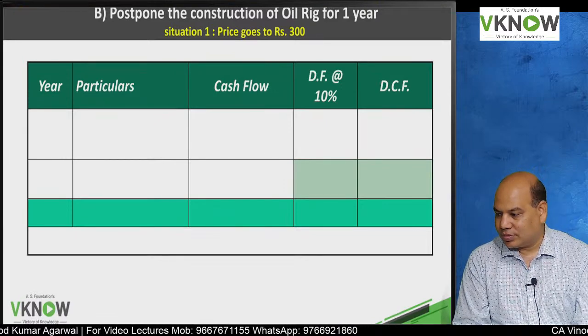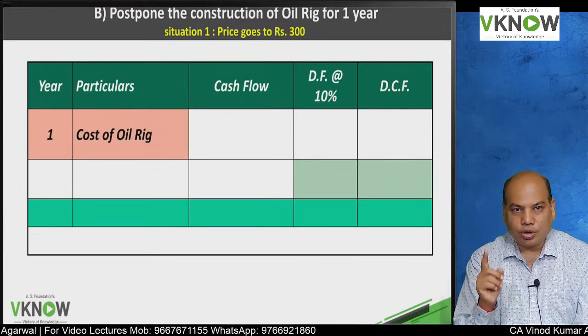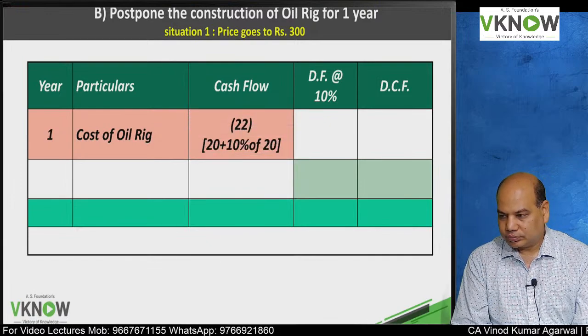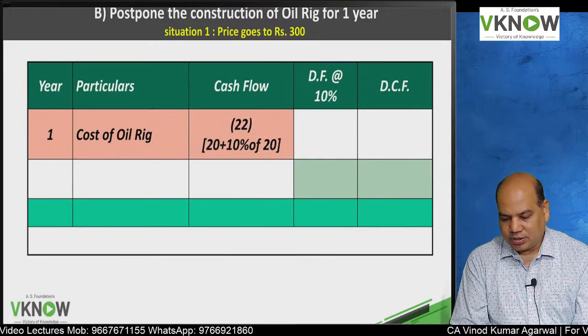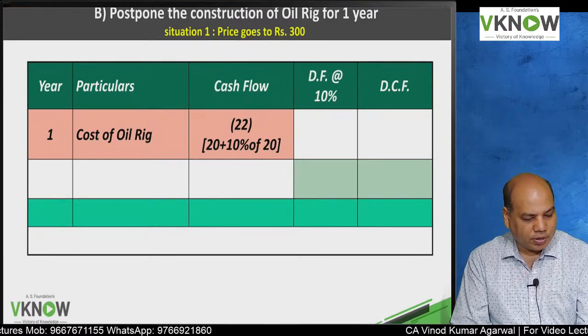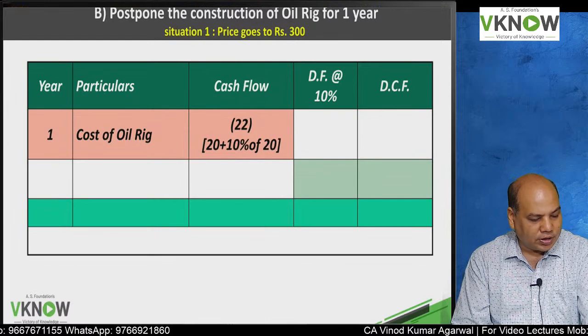Format is same. But this time the cost of oil rig will increase by 10%. It will become 22. Read the instruction in the problem. The cost of oil rig will increase by 10% per year.